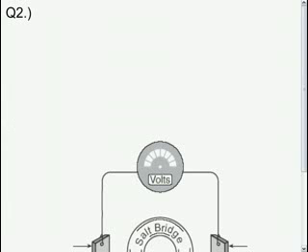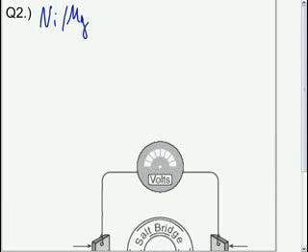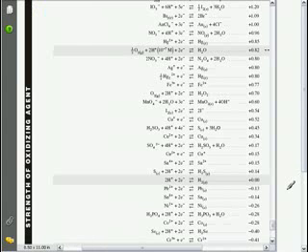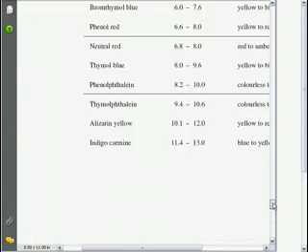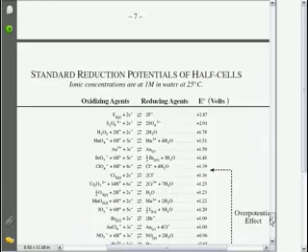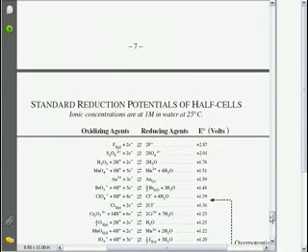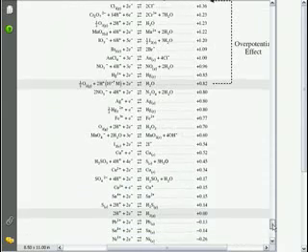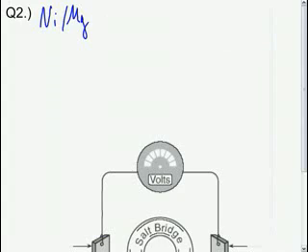Okay, first of all, it's a nickel-magnesium system. So we need to determine the two half reactions from our table. Within our table here, we find our standard reduction potentials of half cells. And for a nickel-magnesium system, we need to find nickel and magnesium.